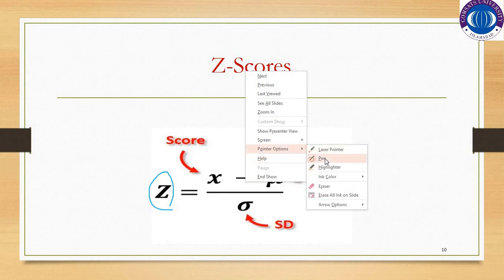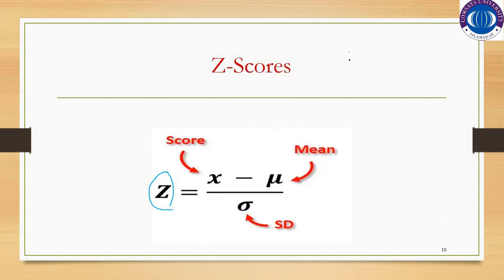As you know, x follows the normal distribution with parameters mu and sigma, so what will be the mean and standard deviation of this Z?